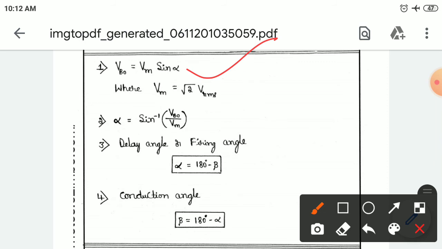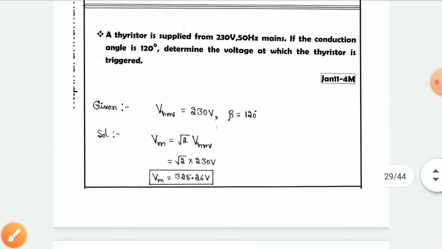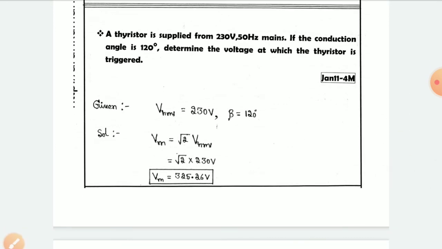The delay angle is equal to 180 minus beta, and the conduction angle is 180 minus alpha. Alpha is the firing angle, and beta is the delay angle, or the conduction angle. You have to find these using the different formulas. Problems on firing angle will definitely get you 6 to 8 marks, so you have to be ready with that.